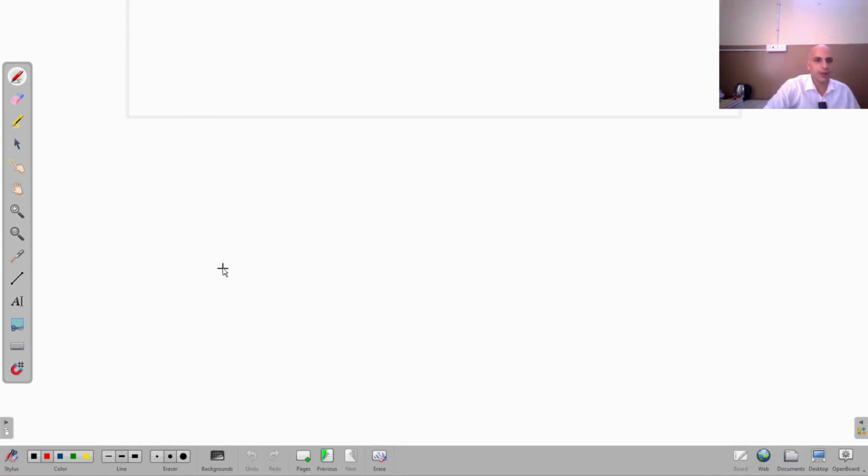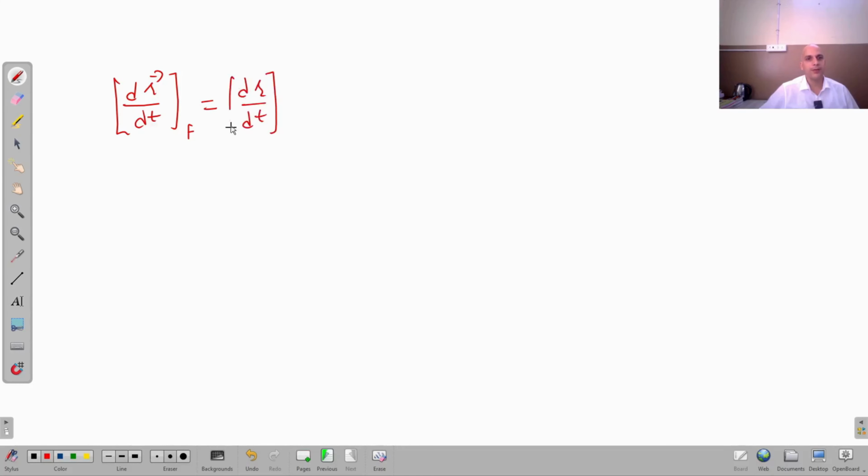So now I'm going to the next step. I can write this equation here, dr upon dt. I'm writing the complete equation for convenience. dr upon dt fixed is equal to dr upon dt rotating plus omega cross r.